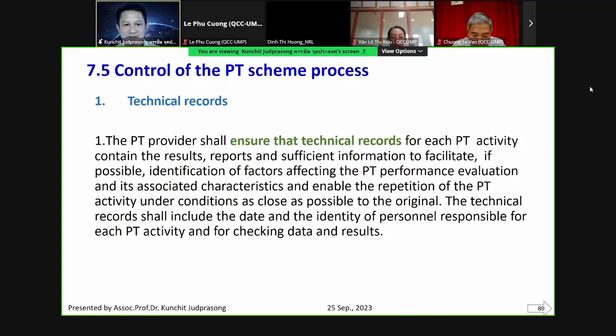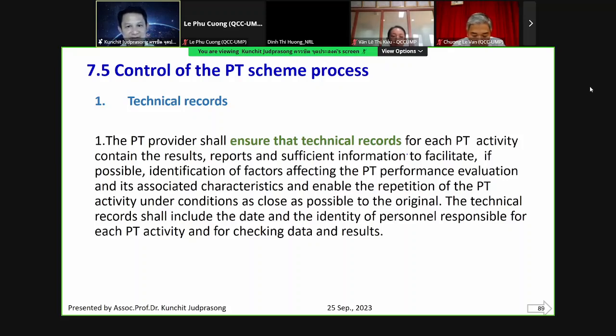The technical record shall include the date and the identity of the personnel responsible for each PT activity and for checking data and results. So this is the new concept that Dr. Dan mentioned. So this implies that you have to have the technical record of each step that you do.